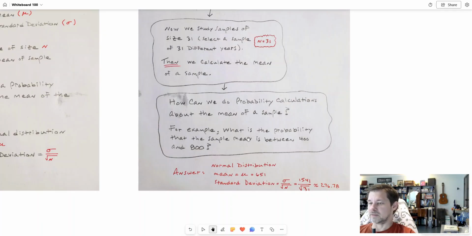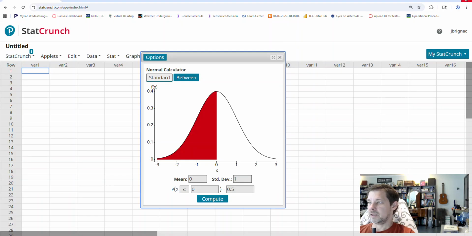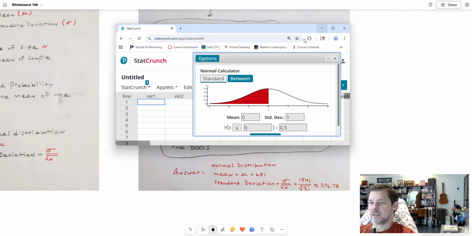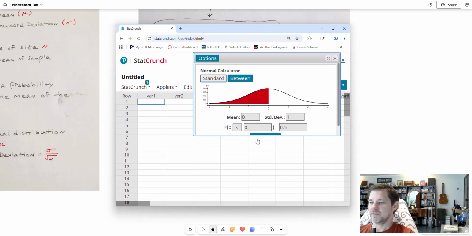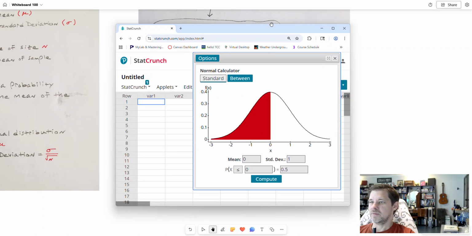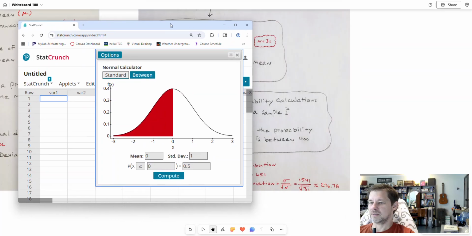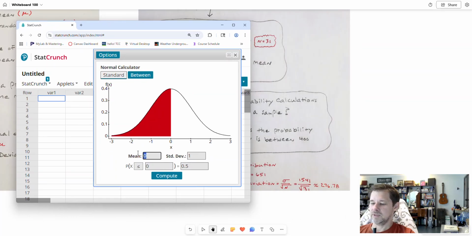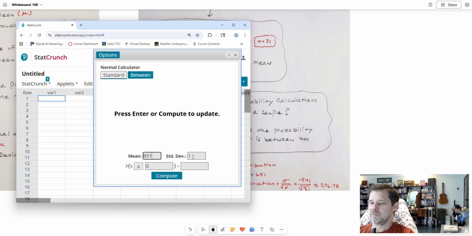Here I have StatCrunch, and I have the normal calculator. I'm going to put all this stuff in and do the math as indicated. So mean 651, standard deviation 276.78.